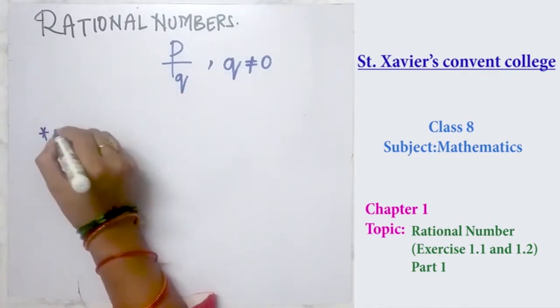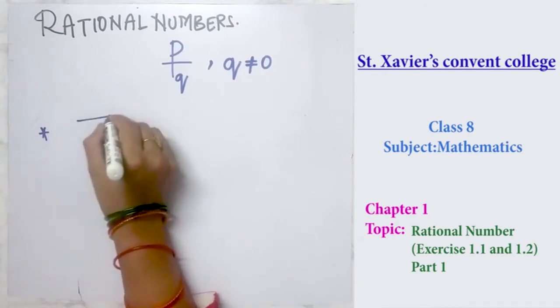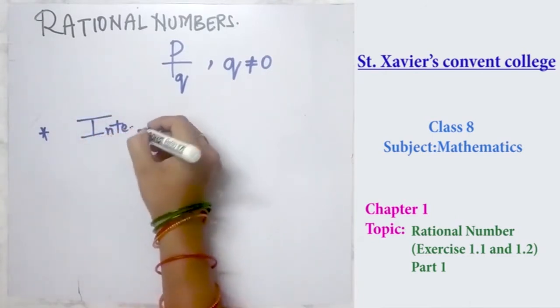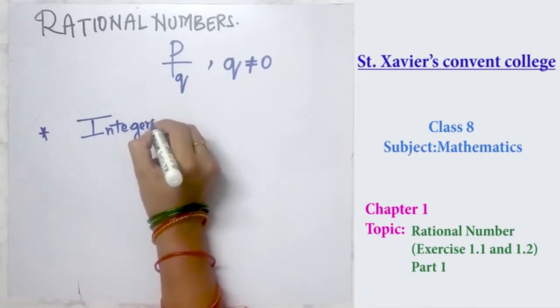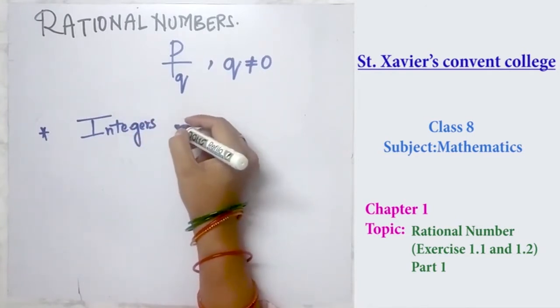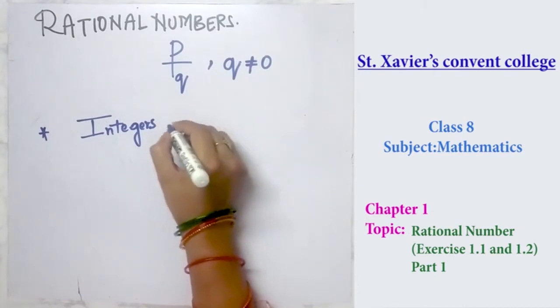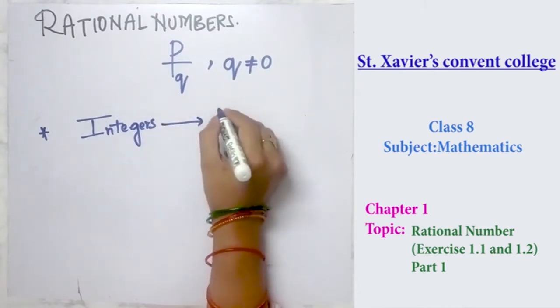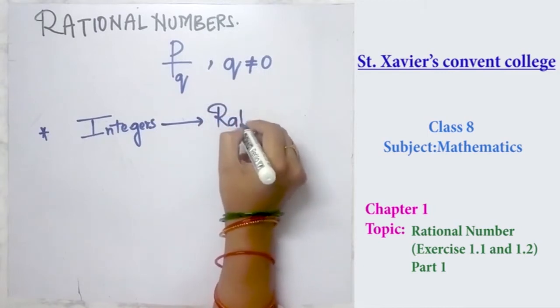There are some important points you have to remember. That is, all the integers, even including 0, are rational numbers.